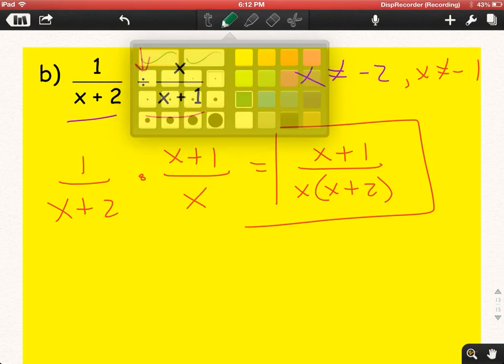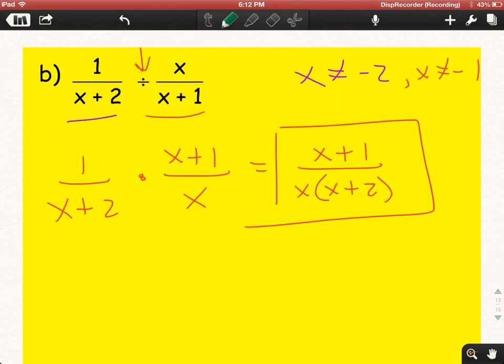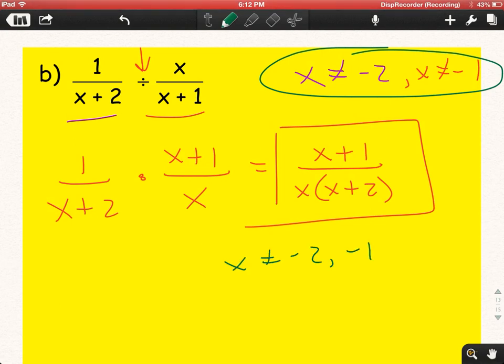And notice that the domain restriction doesn't quite match. It still carries with it the original domain restrictions. X still cannot be negative 2 or negative 1 because the original function had that domain restriction, and now there's an additional restriction of x cannot be 0, because the division, or the product of the reciprocal, is going to introduce a new domain restriction of 0.